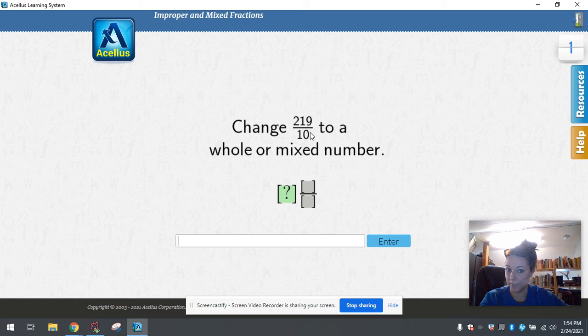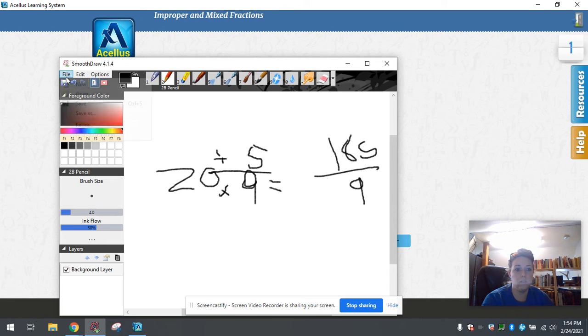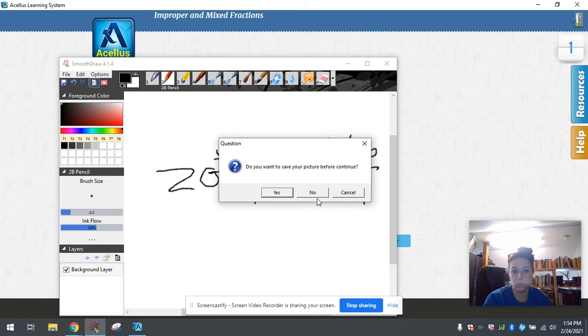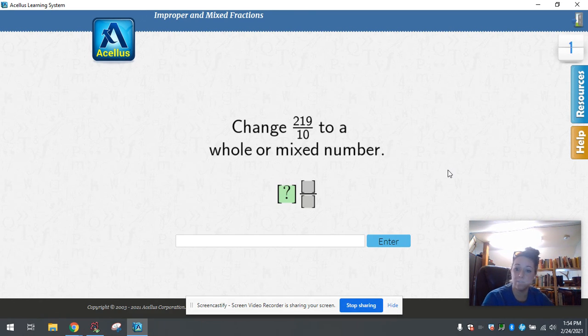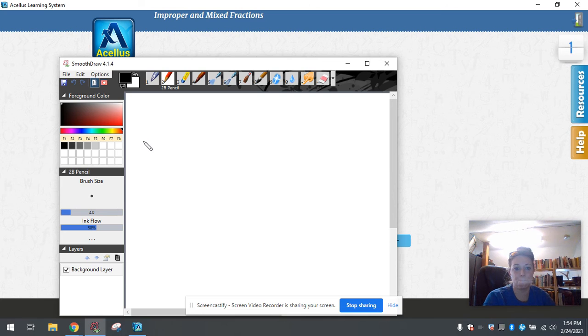Change 219 over 10 to a whole or a mixed number. Okay, so we're going the opposite direction. We have an improper fraction. Now we're going to a mixed number. 219 out of 10.